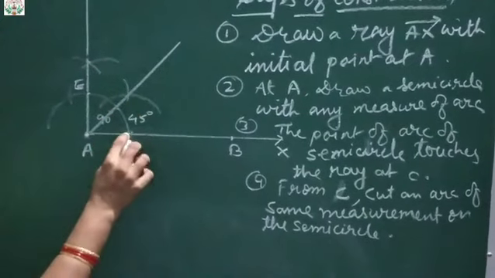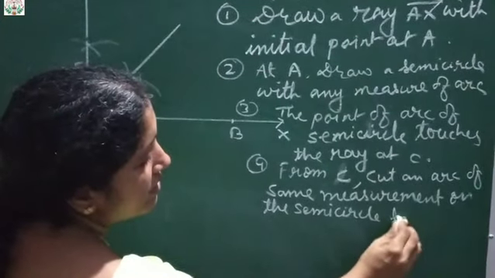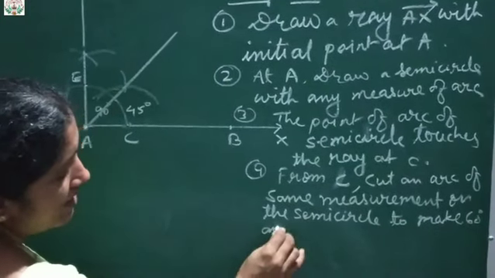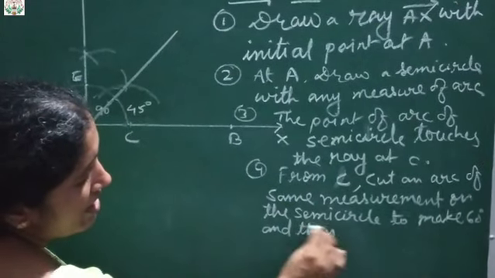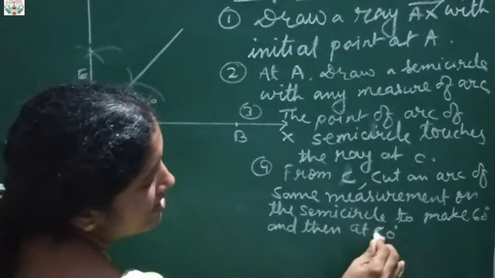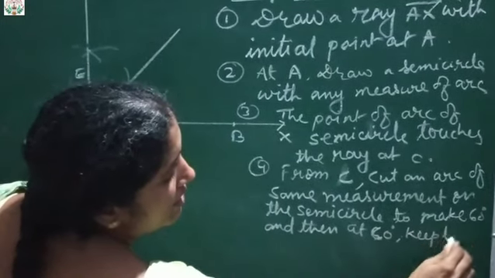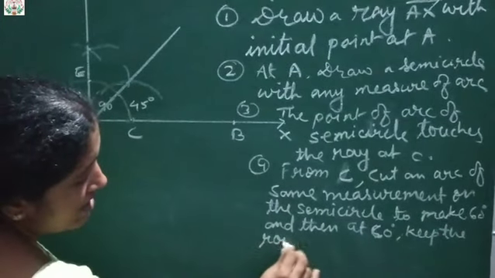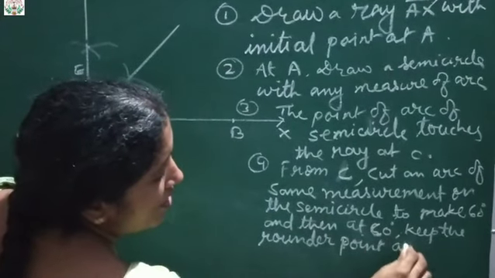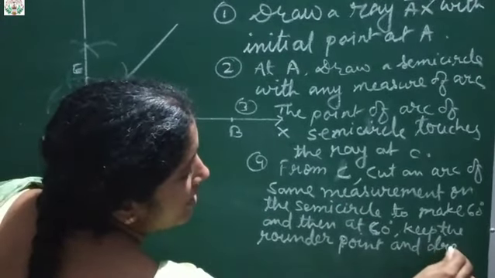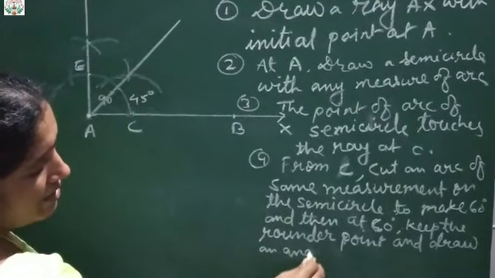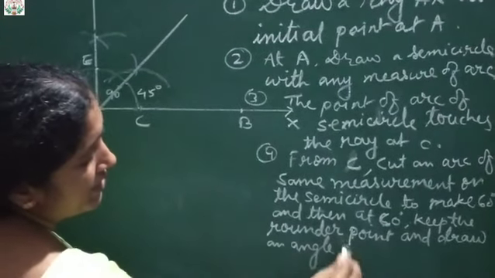Okay, that means here keep the arc to make 60 degree, and then at 60, keep the rounder point and draw an angle 120.